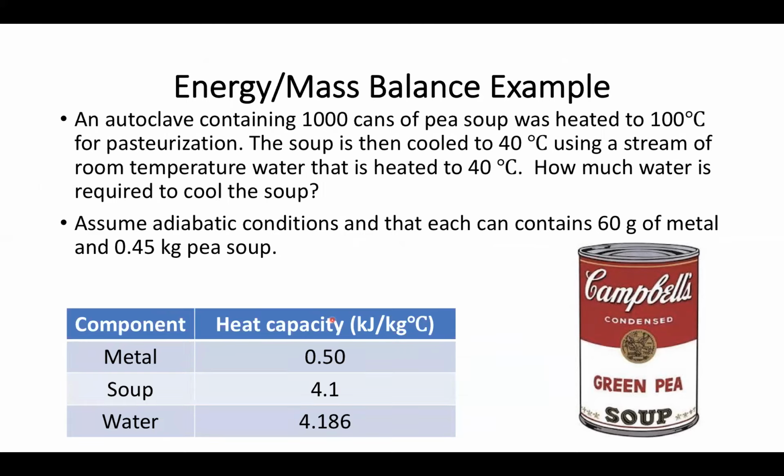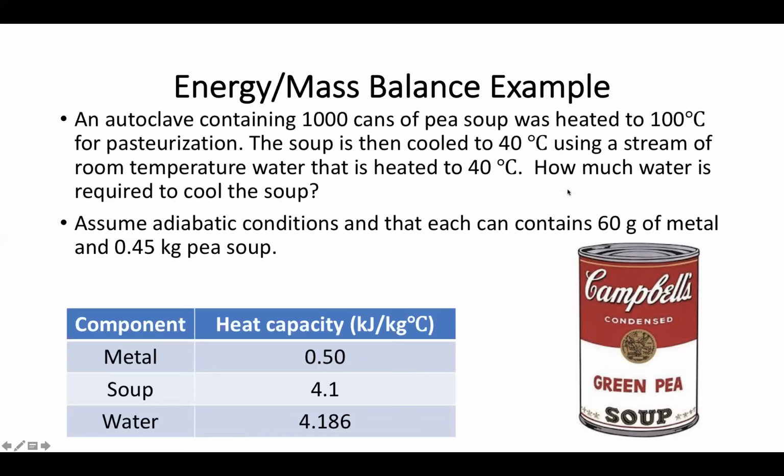Essentially, I can pasteurize a system by heating my soup up to pretty much boiling inside the container, 100 degrees C. So let's say I already have done that, and now I need to cool down the system to 40 degrees C. This is actually a temperature which I can start to handle, and I'm going to do this by adding room temperature water till the water is the same temperature as the soup.